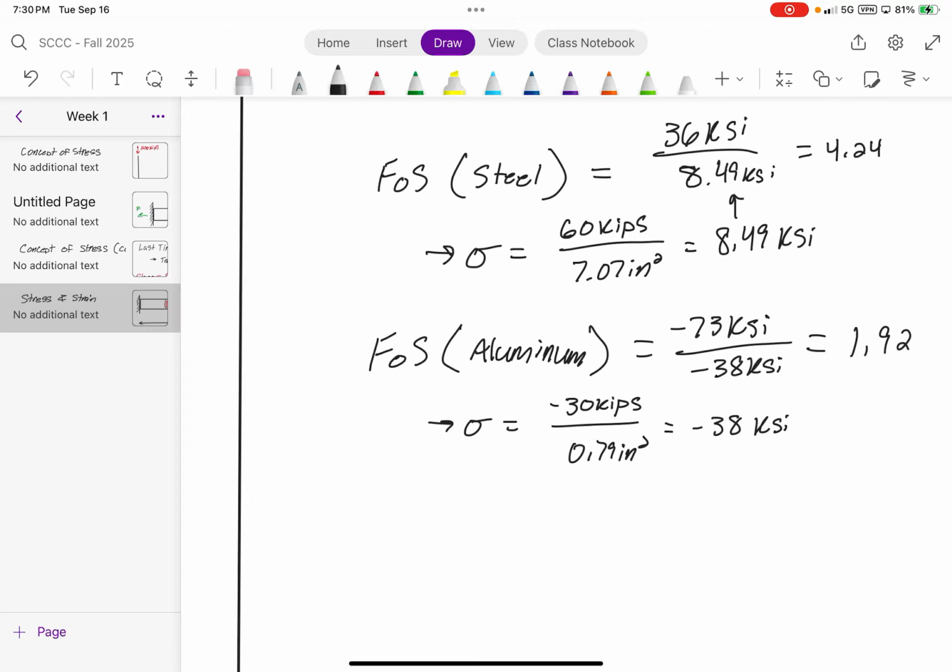So it's really the value that matters here, and it's up to you guys to decipher if it's tension or compression, because in practicality, you cannot have a factor of safety that's negative. It just doesn't work. It's either in tension or compression, because otherwise you're comparing a tension capacity to a compression load. The two are entirely separate things, so you can't do it, right?